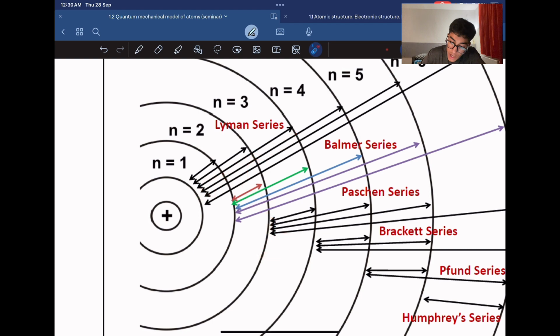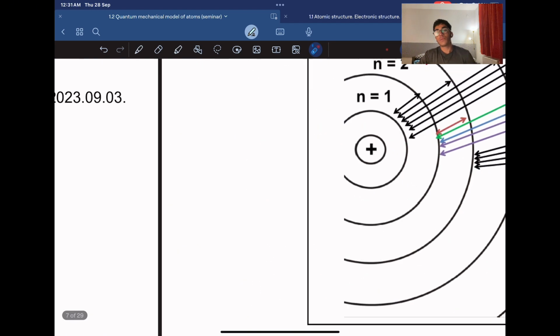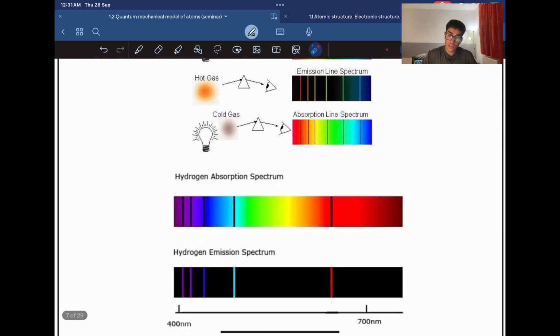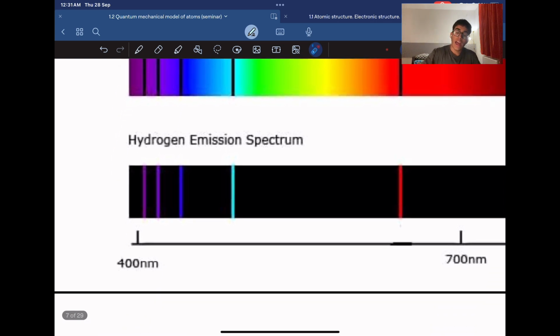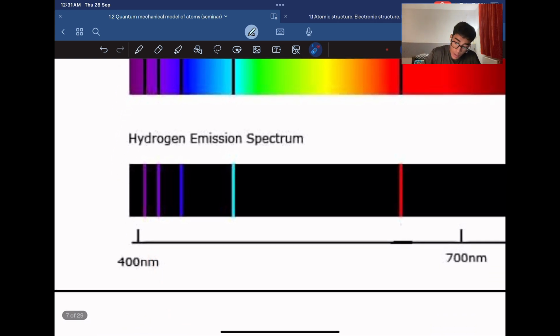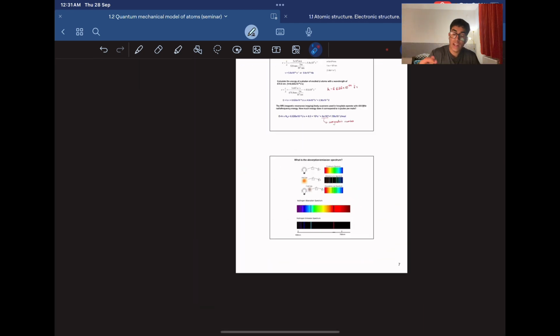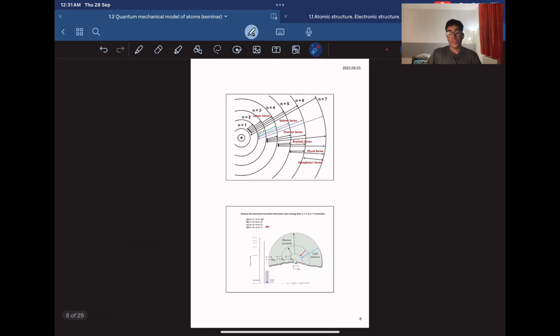Okay, they emit energy, and this explains the emission spectrum. So you can see here, when we look at these diagrams again, these are the wavelengths at which hydrogen absorbed the energy and the electrons went up to a higher energy level. And after excitation, while coming down from the energy shells, they release energy, and this is what we get in the emission spectrum. So that's that.